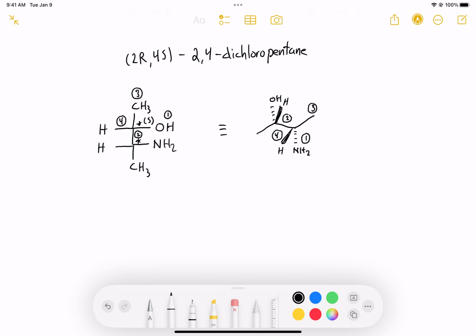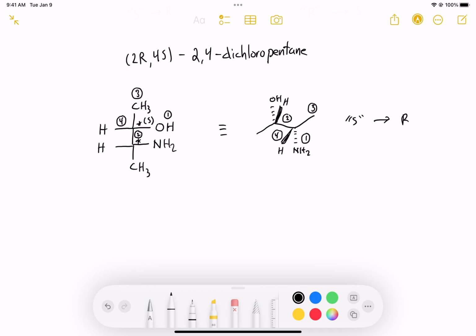All right. So if we go from 1 to 2 to 3, it looks like it's S, right? So it looks like it's S, but it's actually going to be R because the hydrogen's on the wedge. And we use a right-hand rule. It doesn't work with our left hand, but if we use the right-hand rule, our thumb pointing out like the hydrogen, and we move our fingers here.